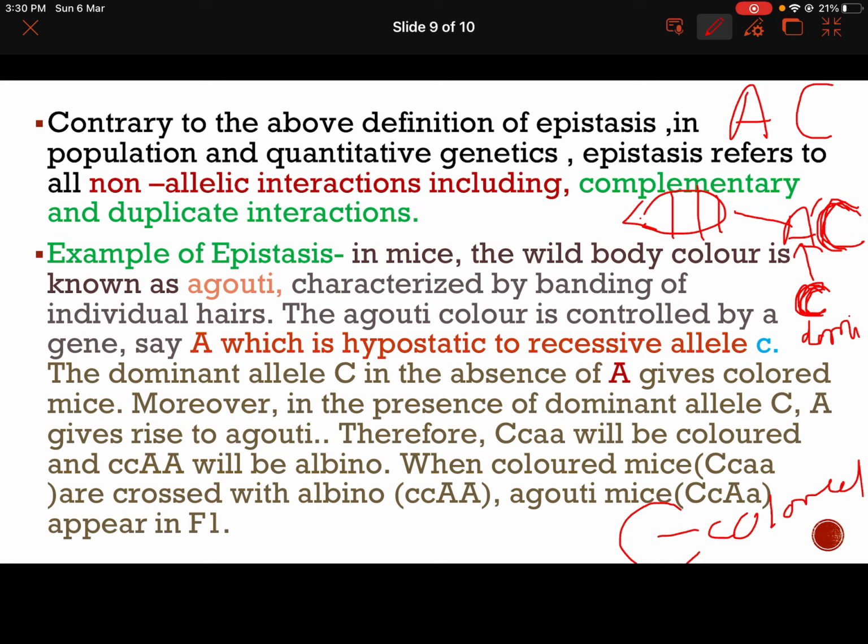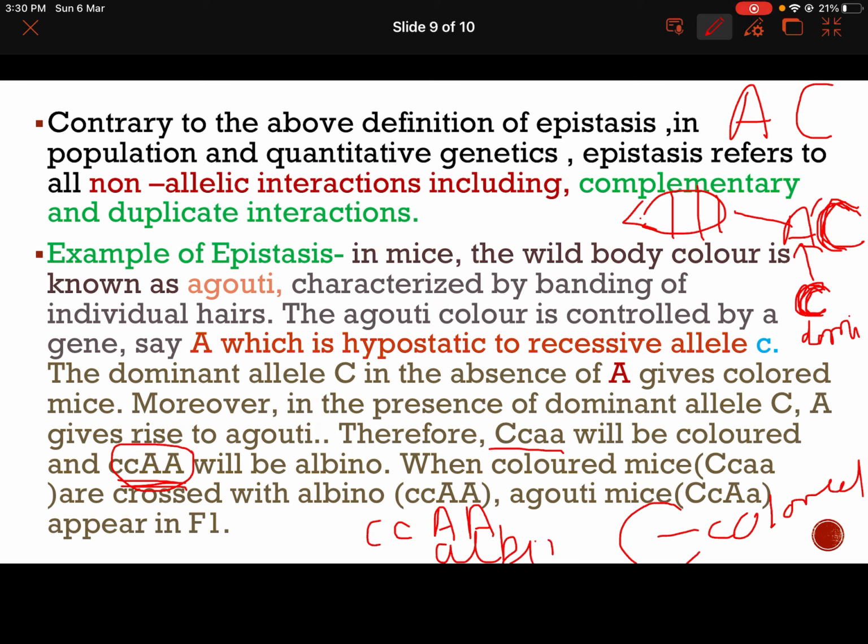And when only C is present, the mouse will have colored hairs. Therefore, C_aa will be colored, and cc with capital A will be albino, where the recessive c and a capital A are present. It is called albino.